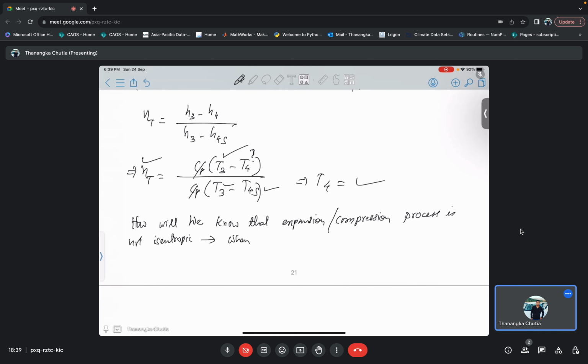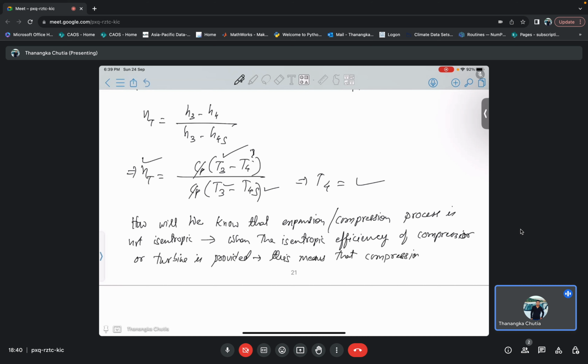When the isentropic efficiency of the compressor or turbine is provided, this means that the compression or expansion process is not isentropic.